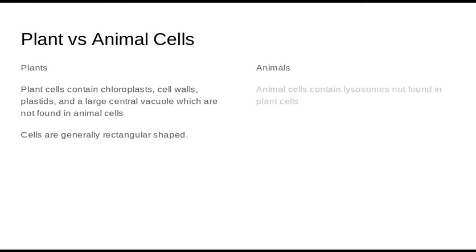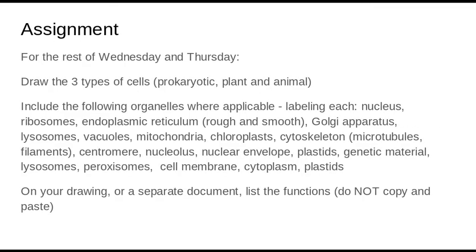Animal cells, on the other hand, contain lysosomes. Otherwise, everything in an animal cell is found in a plant cell. The cells are generally more rounded in shape, and that makes them more flexible and bendable and able to move around a little bit better.